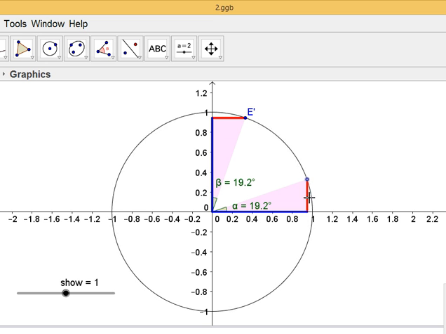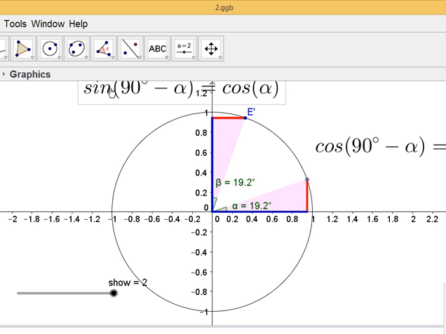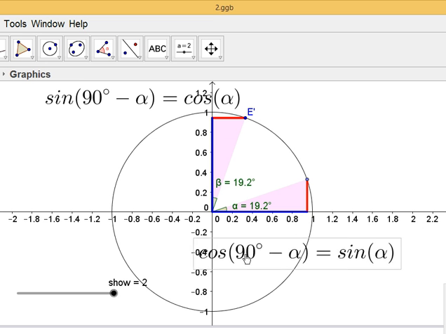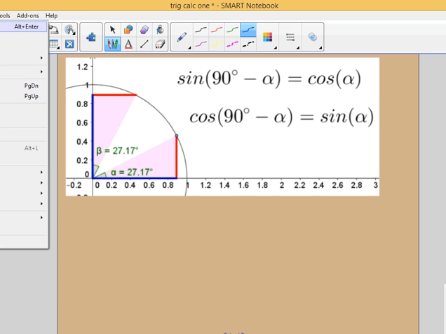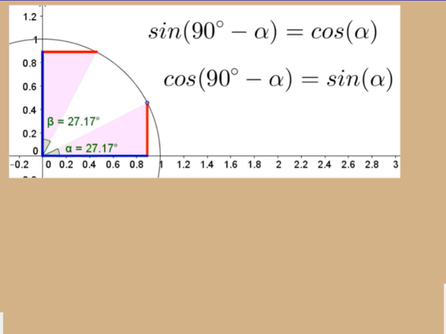That's equal to the sine of this one. When you put those two together, you get these identities. Okay, let's see them in a bit more detail. Okay, so sine 90 minus alpha is cosine alpha, and cosine 90 minus alpha is sine alpha.